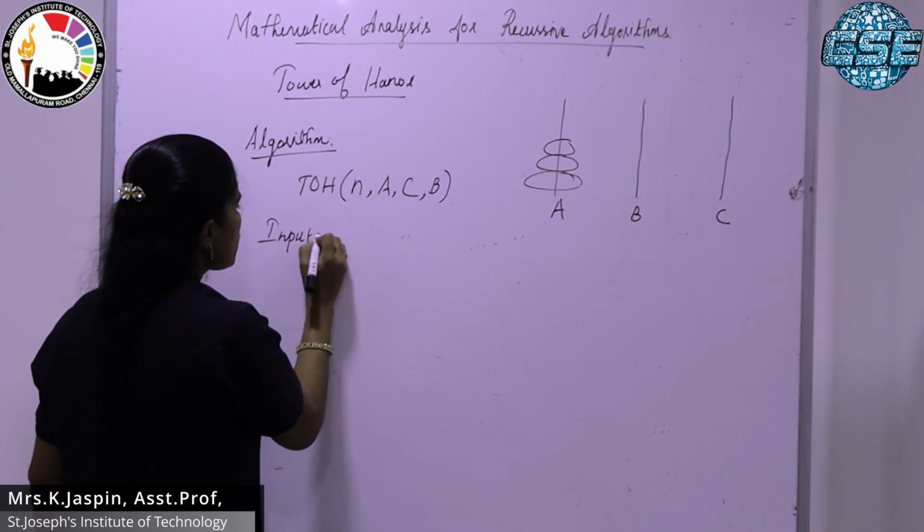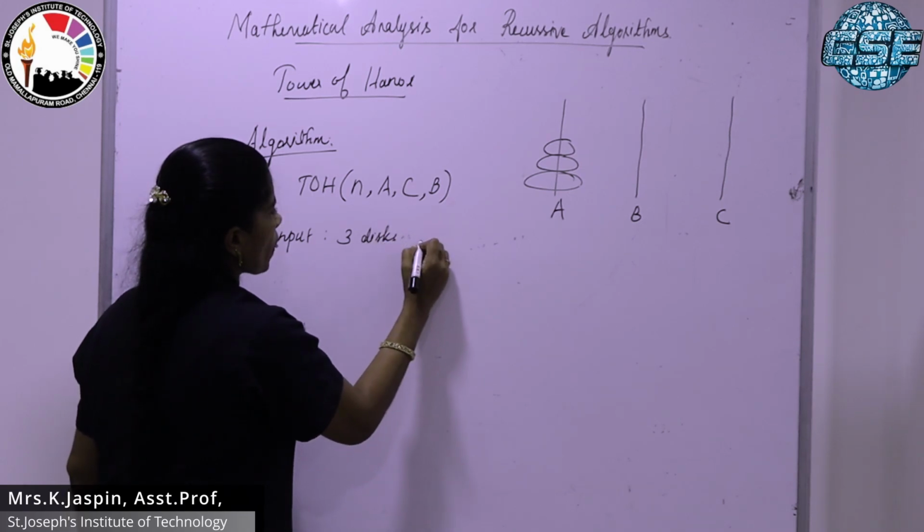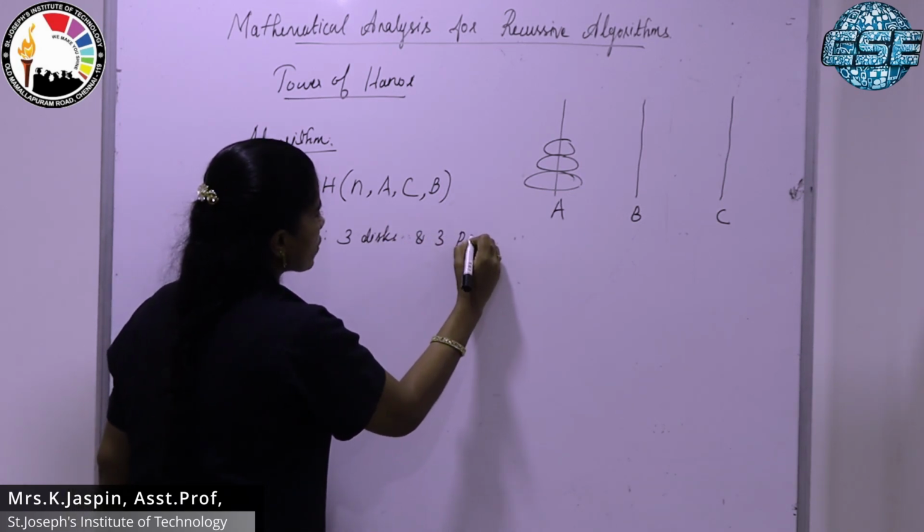So here at the first step, the input for this algorithm is 3 disks and 3 pegs.